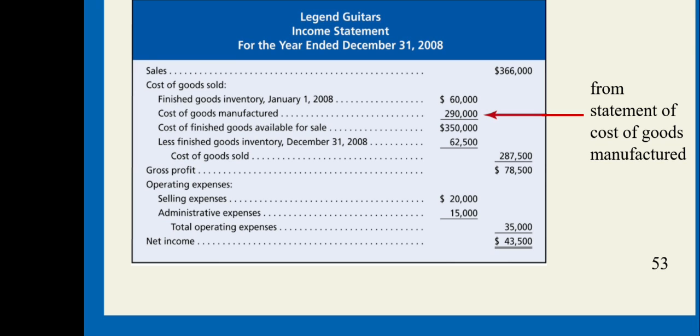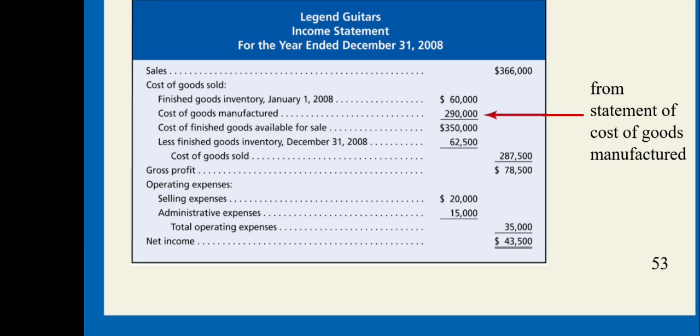And then remember, after you show the sales, you have to minus the cost of goods sold. The calculation or format for the cost of goods sold is like this. You have to show the finished goods inventory, and then you have to add cost of goods manufactured. Okay, memorize this first. Finished goods inventory at the beginning of the year plus cost of goods manufactured, you will get a number.